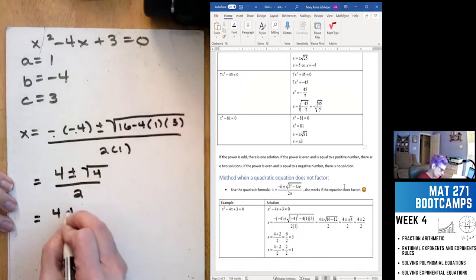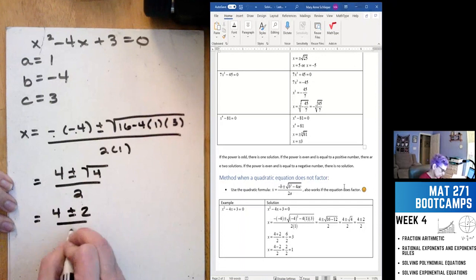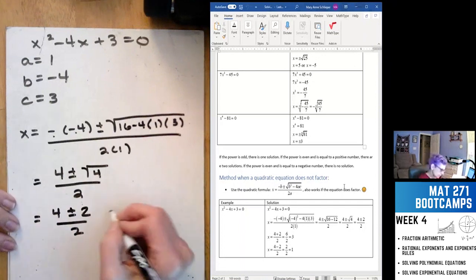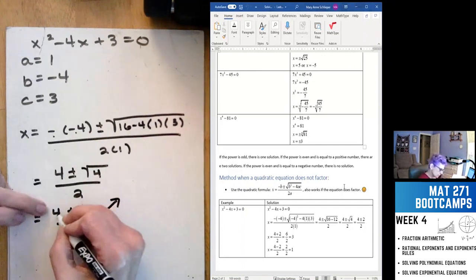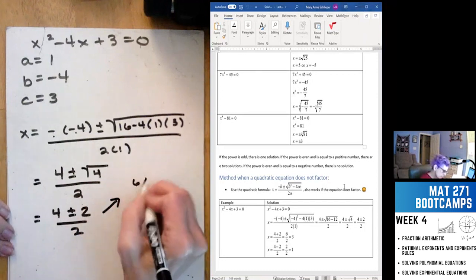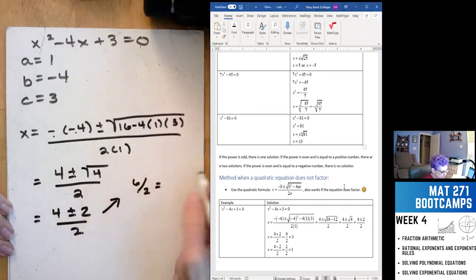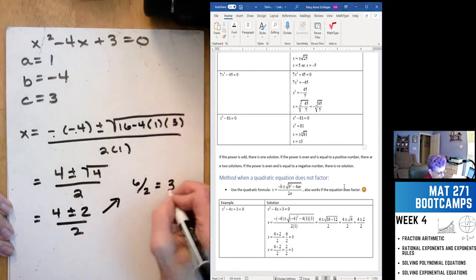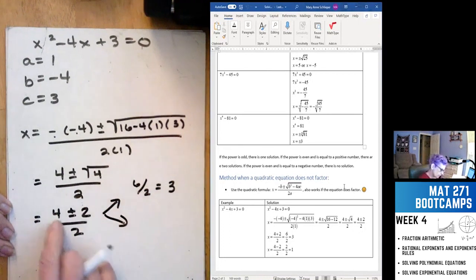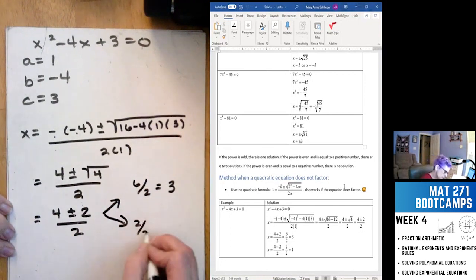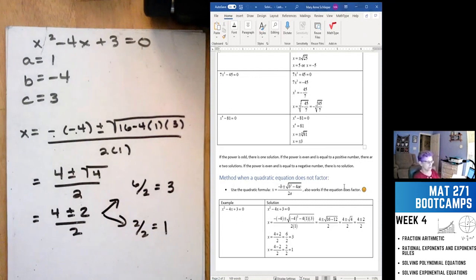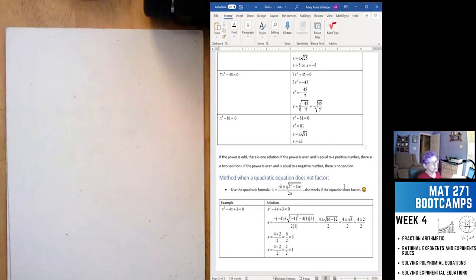So 4 plus or minus 2 over 2. So 4 plus 2 is 6 over 2, which leaves me with 3. And 4 minus 2 is 2 over 2, which gives me 1, which is the same thing we got when we factored it. So if you can't factor, your brain goes, you can always use the quadratic formula.